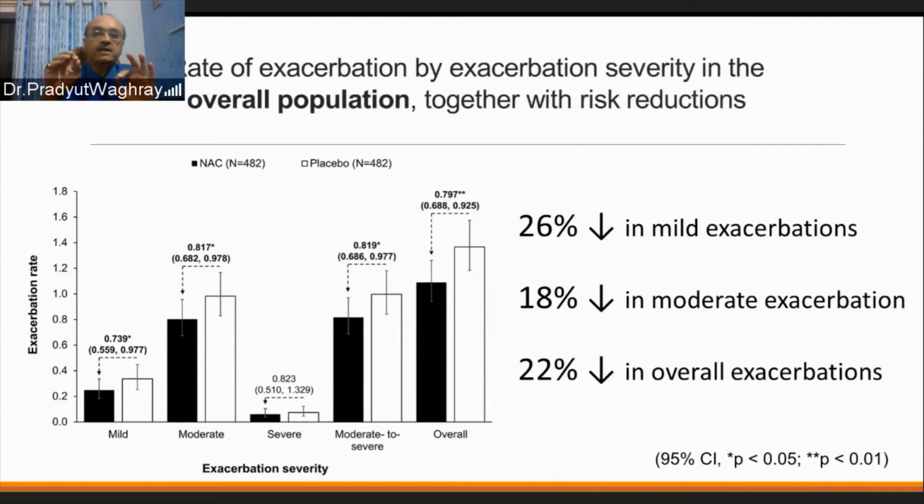It was found that in the NAC group, there was a 26% reduction in mild exacerbations, 18% reduction in moderate exacerbations, and if you see overall reduction, 22% reduction in overall exacerbation. So this is very important to prevent exacerbations. It's a very good drug.